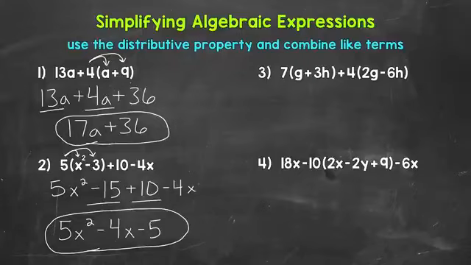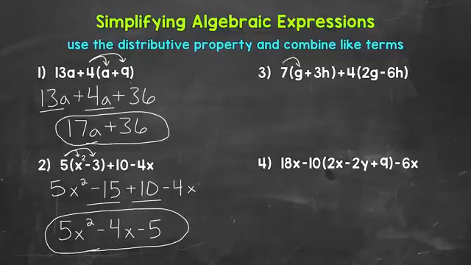Let's move on to number 3, where we have 7, and then in parentheses, g plus 3h, plus 4, and then in parentheses, 2g minus 6h. Let's start by using the distributive property to remove any parentheses, and then we can look to combine like terms.